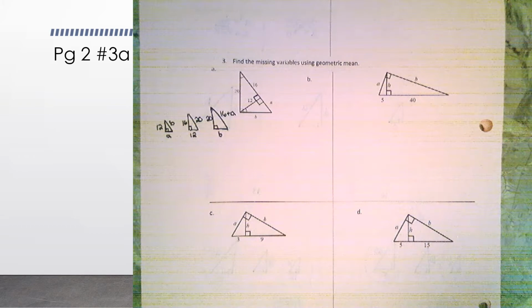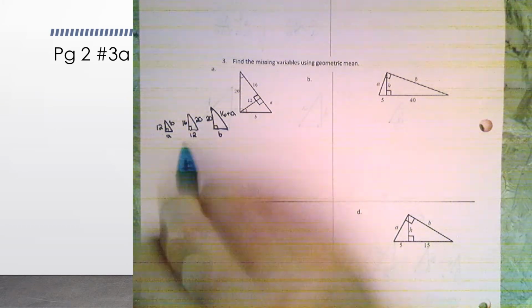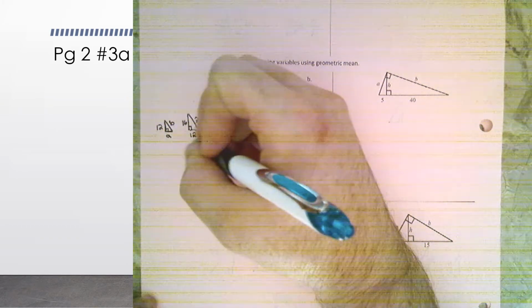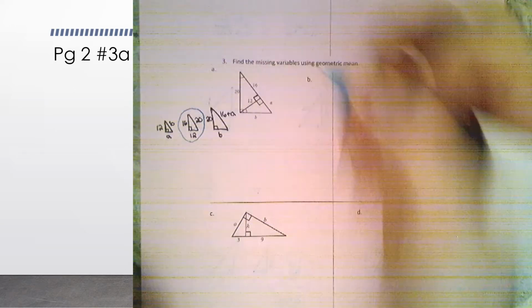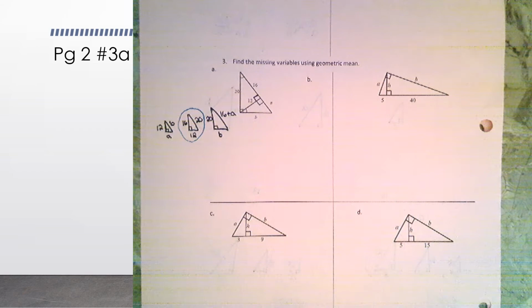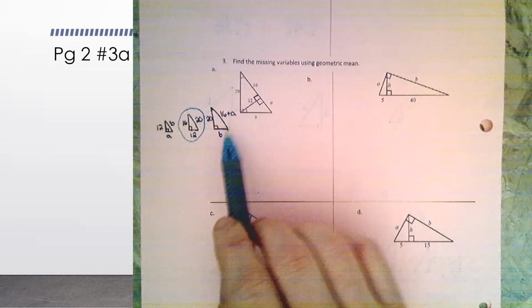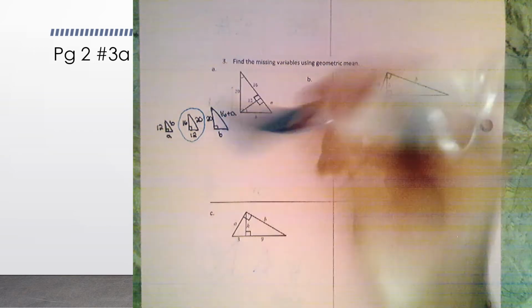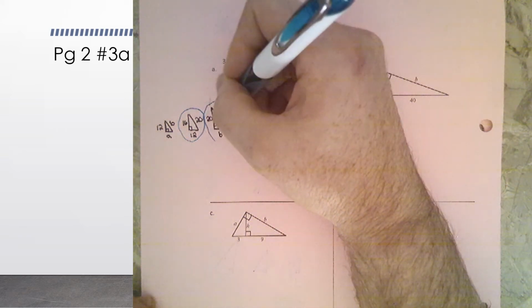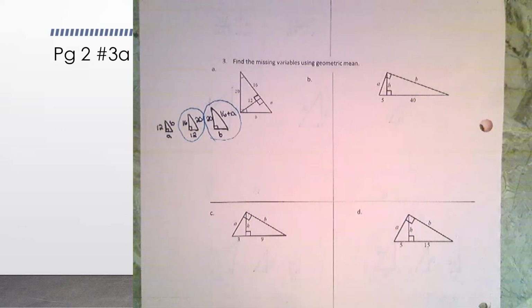If you notice, the medium triangle has an actual number for each side, so I'm going to use this one to solve for A and B. The other triangle I am going to use is the larger triangle. I also could have used the smaller one, but I just want to use this bigger triangle as well.